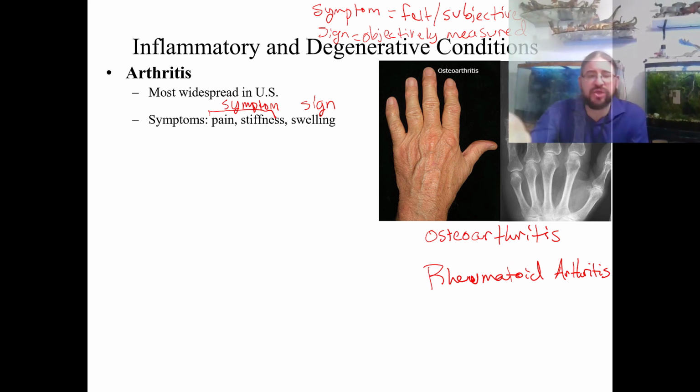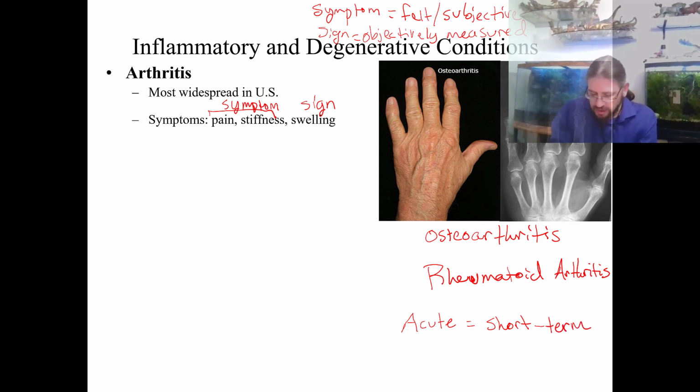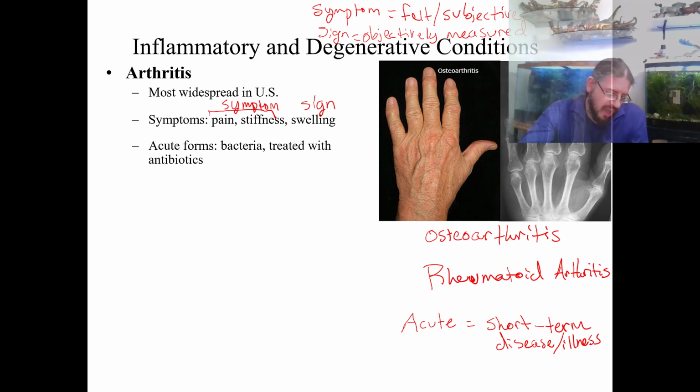You can get an acute form of arthritis. Acute generally refers to a short-term illness. So, for instance, the 24-hour flu is an acute illness. You can get arthritis, an acute form of arthritis, from infections and certain antibiotic treatments.